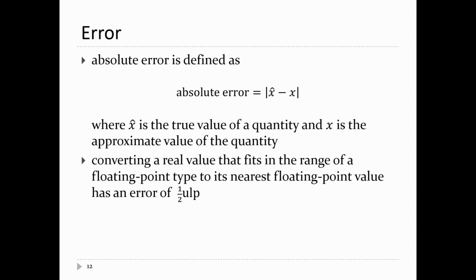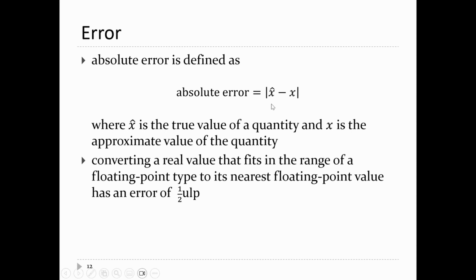All right, so if I write some floating point number down as a literal, and then that number gets converted to the closest value that can actually be represented, there is usually going to be some difference between those two values. If I want to know what that difference is, you can calculate that in a bunch of different ways. One way you can calculate that is to use the absolute error.